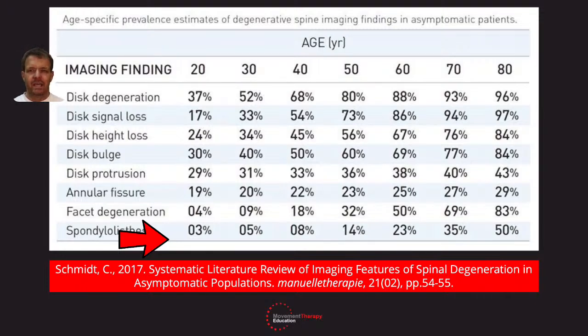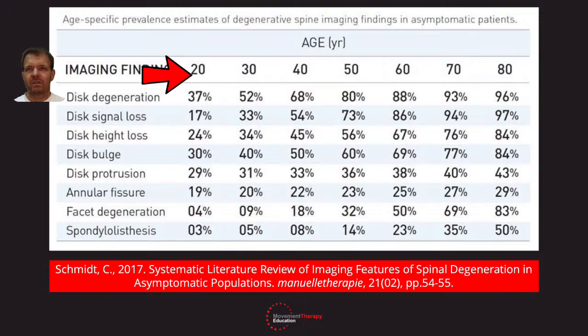So it may or may not correlate with clinical findings. And in this particular case, there were no clinical findings because the people scanned were asymptomatic. So what we could say is that these are normal findings because the people didn't have any kind of symptoms.